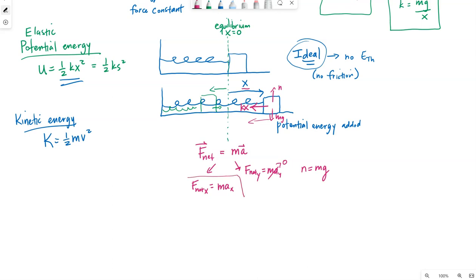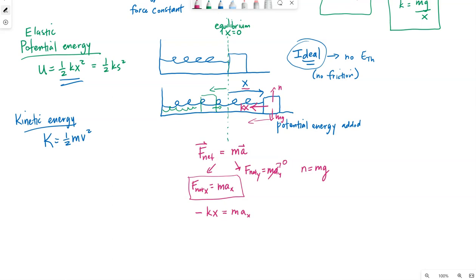In the x direction, in this particular case, we have simply that force from the spring pointing towards the left. So that force of the spring is solely responsible for the acceleration that this block experiences in the x direction.